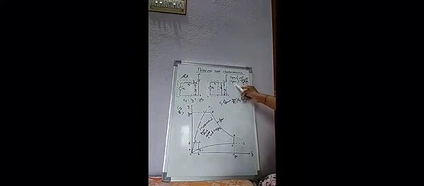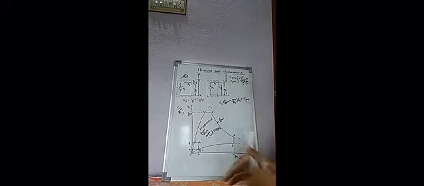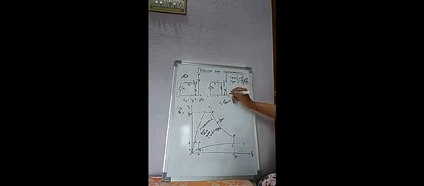IGMN and VGMN are the minimum value of gate current and gate voltage required to turn on the SCR. Then what is the current through this R1? If the minimum voltage across it is VGMN, the current is VGMN by R1.